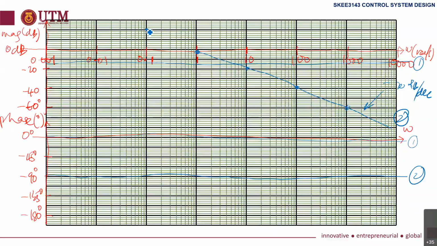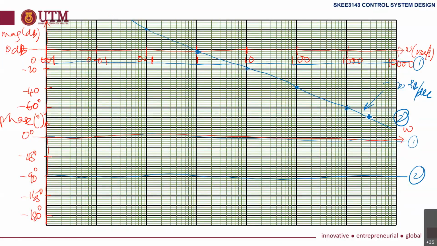Like this. Okay, going up. See, because I chose an improper scale, I could not complete it up to the axis. Here is 1/s.